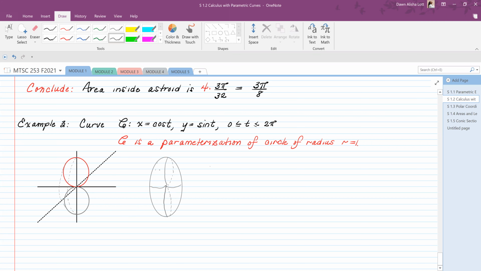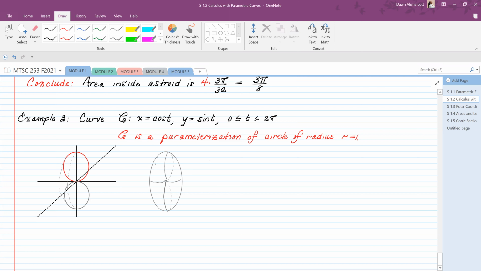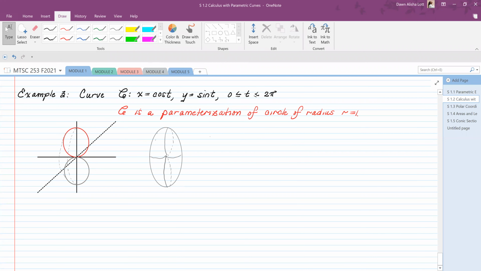Okay, so I want to find the surface area of the resulting solid. This thing is rotated about the x-axis.